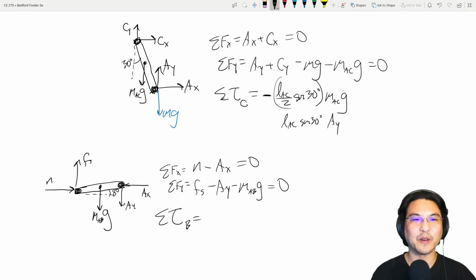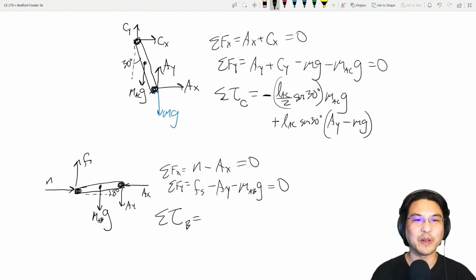And that would create a torque this way, which is in the positive z direction. And then the torque from this force is here to here is LAC sine 30 and would create a torque going in the negative direction. So it's the same, but then with a minus. So just factor those together like that.